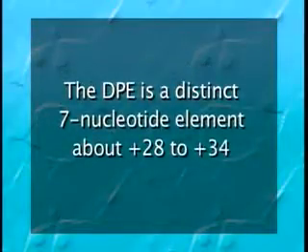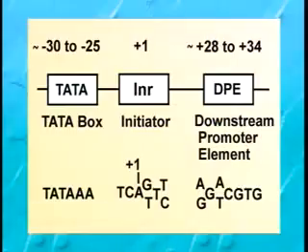Alternatively, the DNA folds back in such a manner that it can start the transcription while bound at the promoter region. The DPE is a distinct 7 nucleotide element that is located at about plus 30, typically from plus 28 to plus 34 relative to the transcription start site.